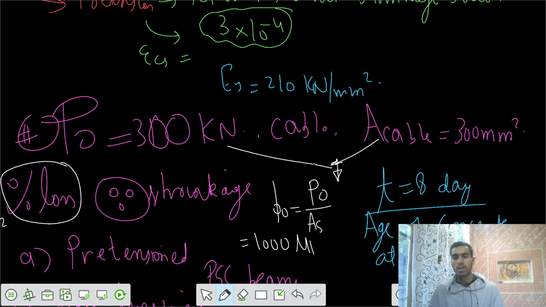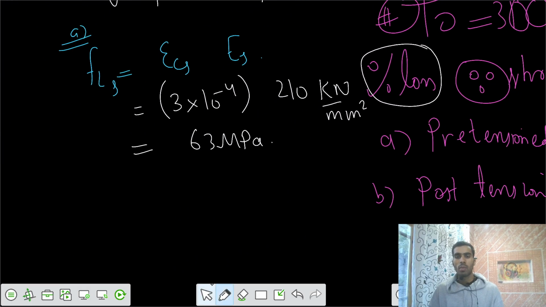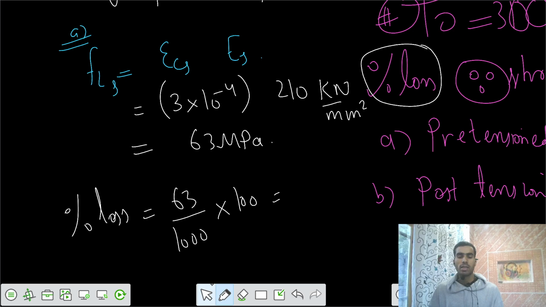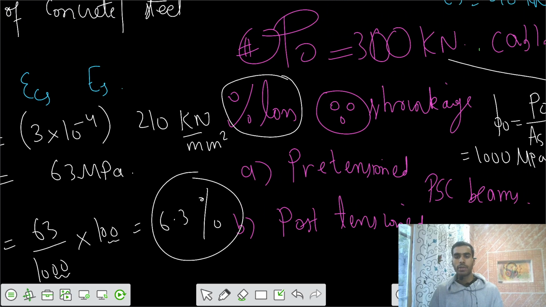The initial value of stress is 1000 megapascal. So the percentage loss of prestress is 63 by 1000 into 100, that is 6.3%. This is the percentage loss in the case of pre-tension beams.